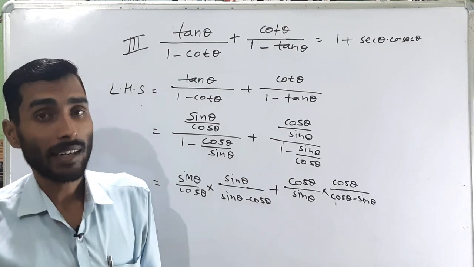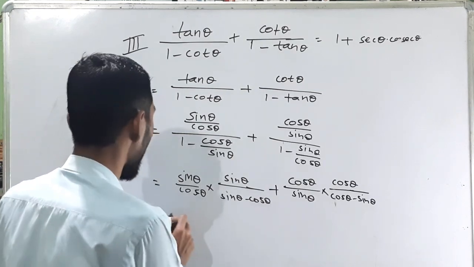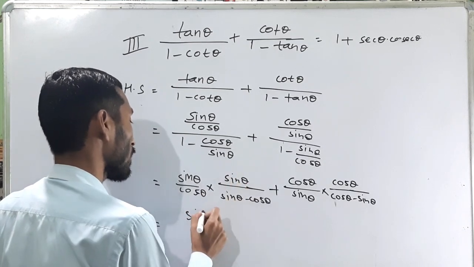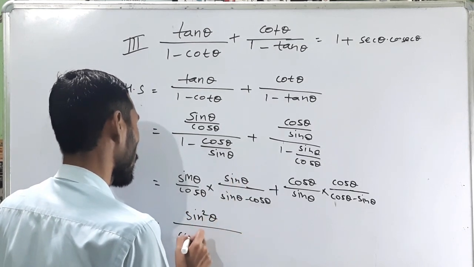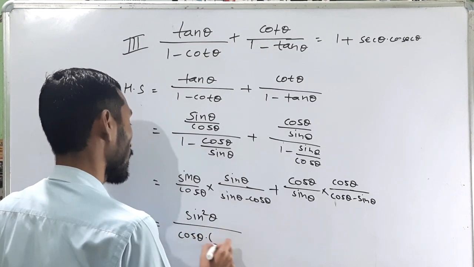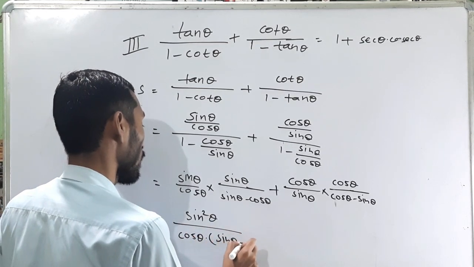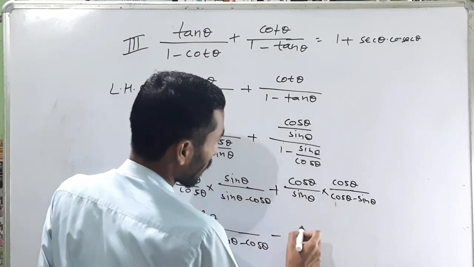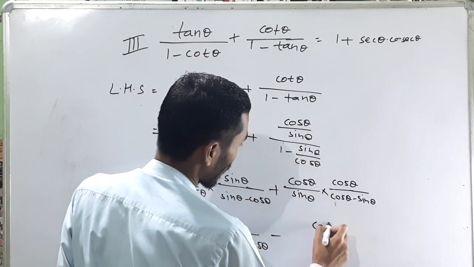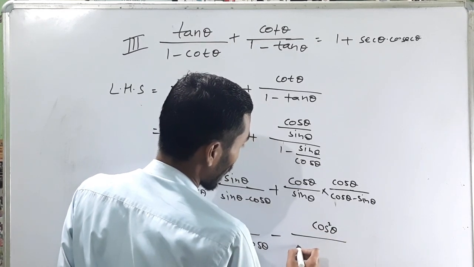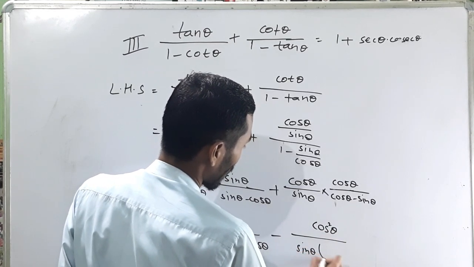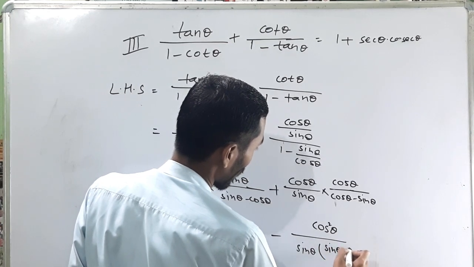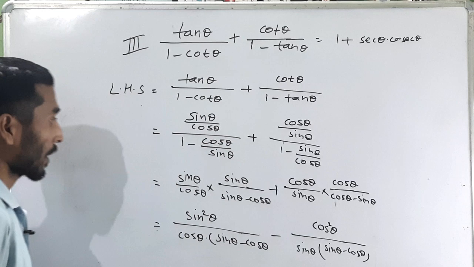So if we take minus as common, then at first we get sin square theta by cos theta into sin theta minus cos theta. In the same way, cos square theta by sin theta into sin theta minus cos theta.